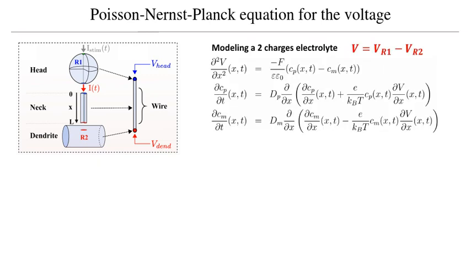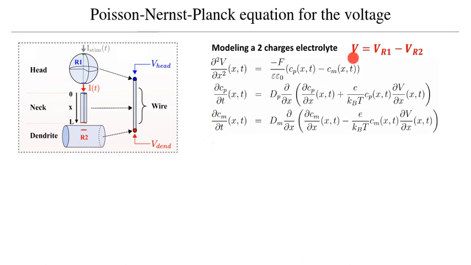So those are the equations. Those are the classical Poisson-Nernst-Planck equations. The first one is for the voltage. This is the Poisson equation for positive and negative charges. We have then the Nernst-Planck equation for the concentration of positive charge and for negative charges.